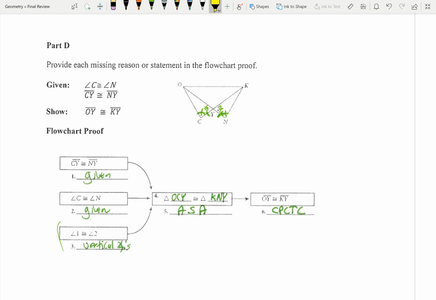We need to show that OY is congruent to KY, right? So again, one of the ways to do a proof is to work backwards. If we need to show that OY is congruent to KY, then we can do that by showing that this triangle is congruent to this triangle.